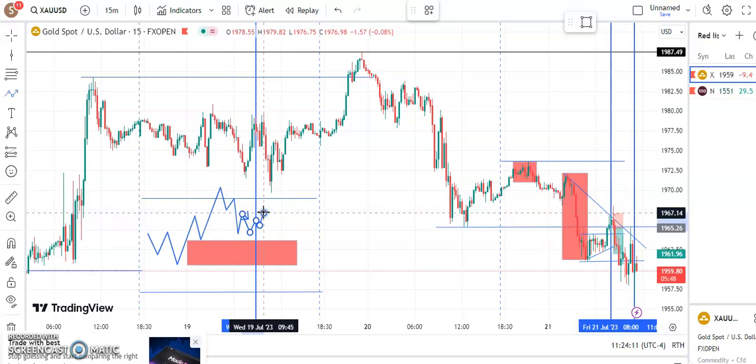It does not come back to the high of the day, just the most recent high, then breaks structure, retests, and gives us an engulfment back to the low of the day, the low of the session.